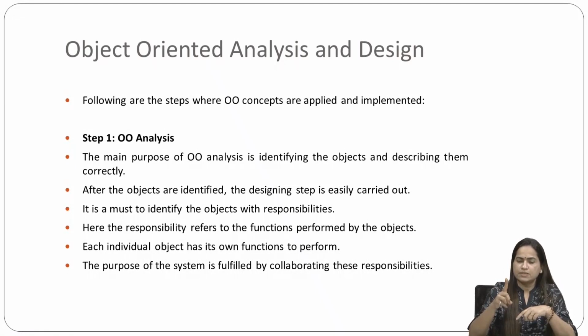Identification of objects and identification of the functions which are performed by the objects. Each individual object has its own function to perform. When we are talking about the objects, each object will have its own function. The purpose of the system is fulfilled by collaborating these responsibilities.